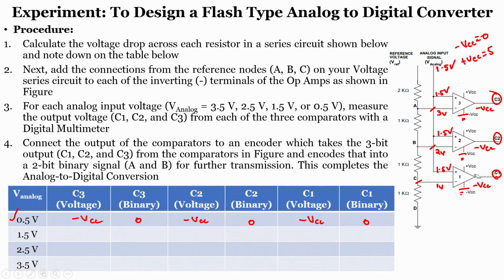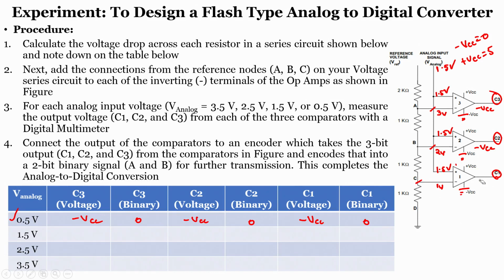Now, if you observe, in op amp 1 the positive input voltage is higher than the negative input voltage. As a result, the output voltage now becomes plus VCC.